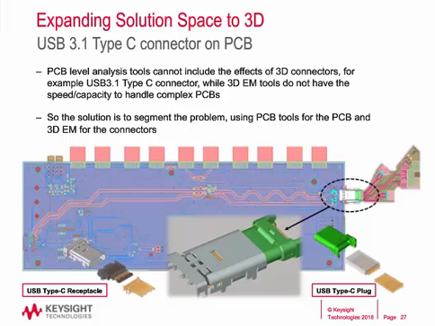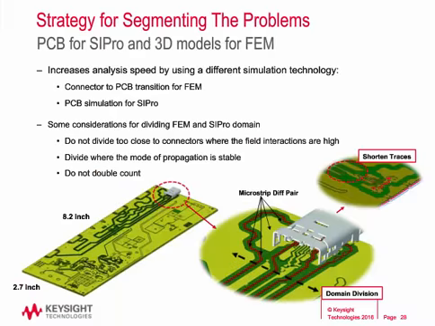Some important considerations are, first, do not divide the design too close to connectors where the field interaction might be very high. Second, try to divide the design where the mode of propagation is stable enough.